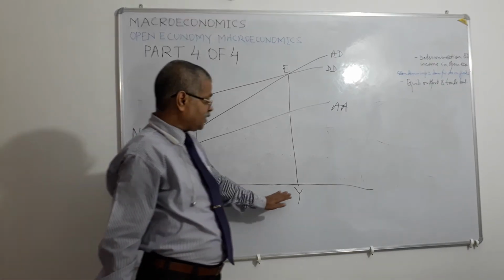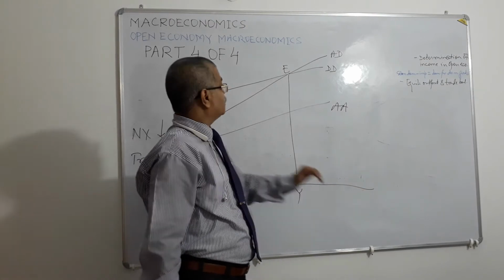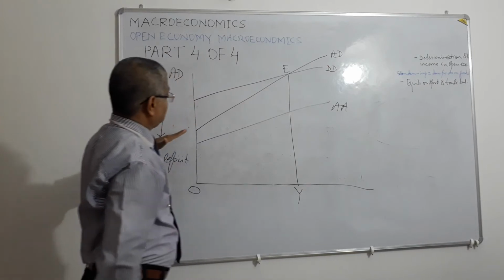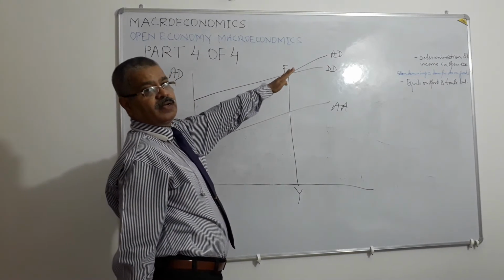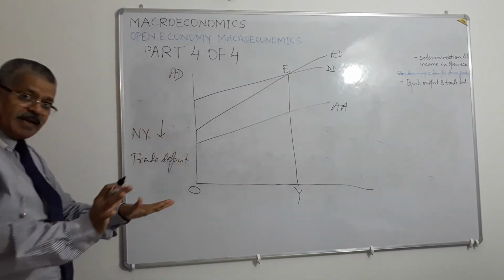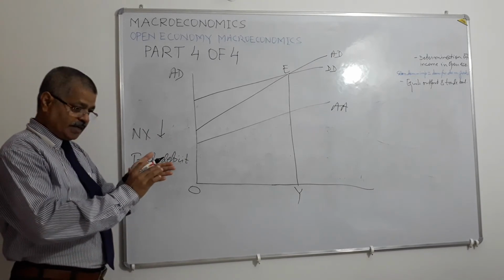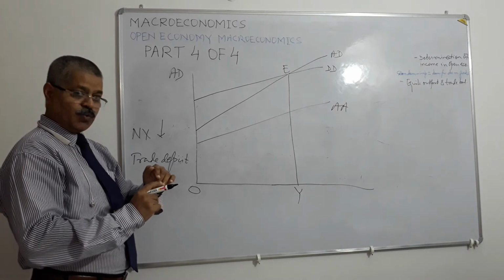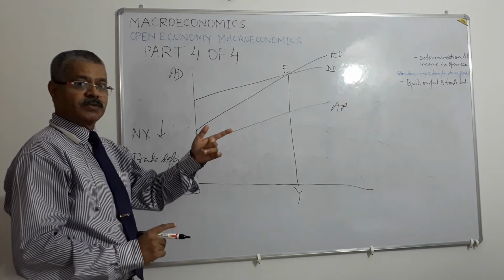If the income goes beyond Y, we get trade deficit because imports keep on increasing and exports remain the same, constant. So the gap between exports and imports keeps on increasing towards more of imports.